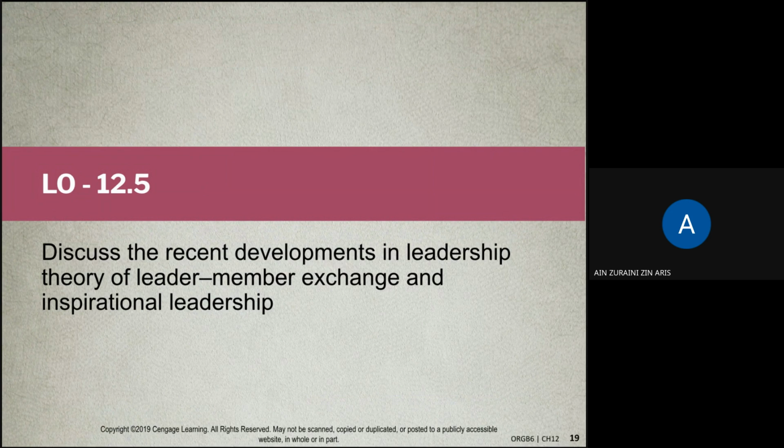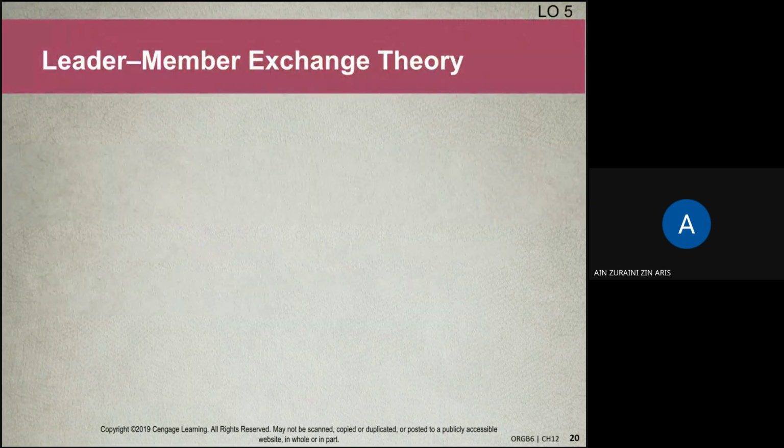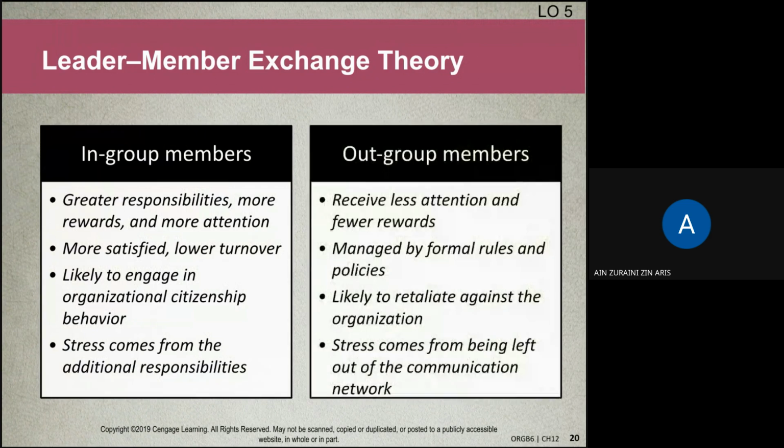Right? Okay, so now let's move to another learning outcome for this chapter, which is about discussing the recent developments in leadership theory of leader-member exchange and inspirational leadership. So what is leader-member exchange theory, or in other terms, popularly known as LMX theory.